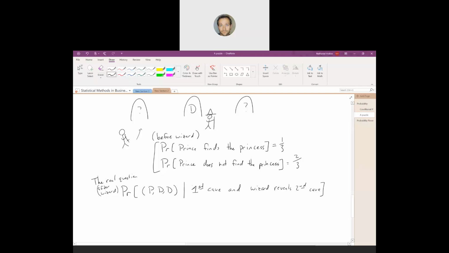Okay, so there's two things that are happening. The prince has made his choice, and the wizard revealed a second cave.